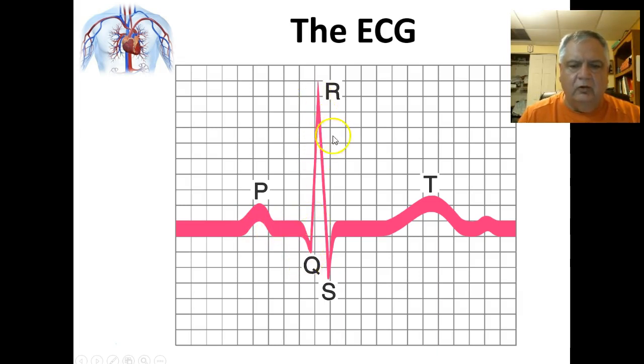And then our QRS complex or QRS wave, the contraction of the ventricles. Then our ST segment, another piece of flat line, isoelectric line. And then we have our next deflection of the isoelectric line, the T wave, represents repolarization of the ventricles. And then we're off to the next cardiac cycle.